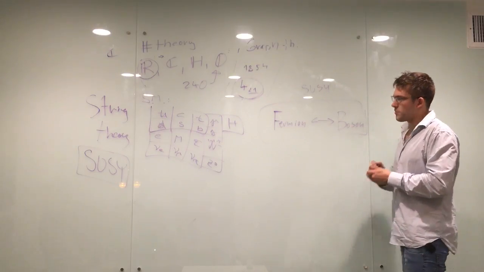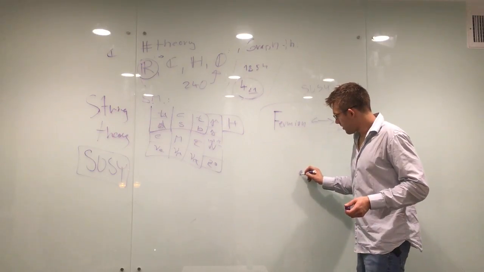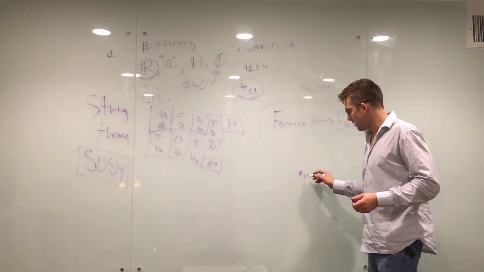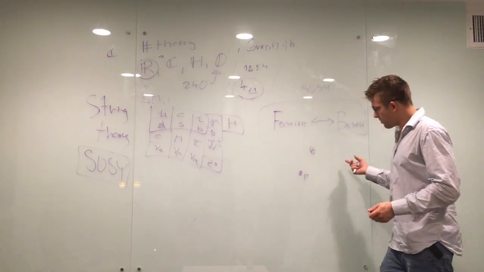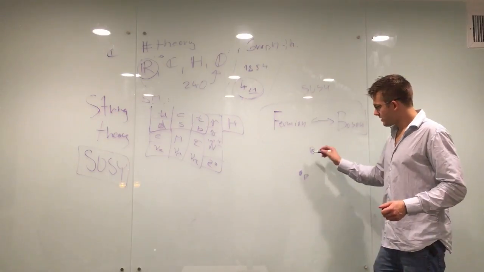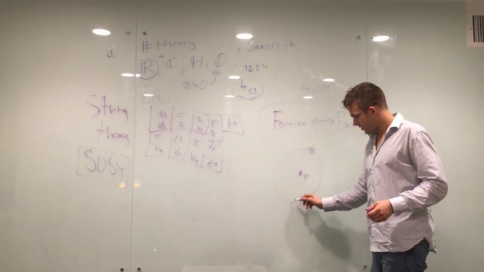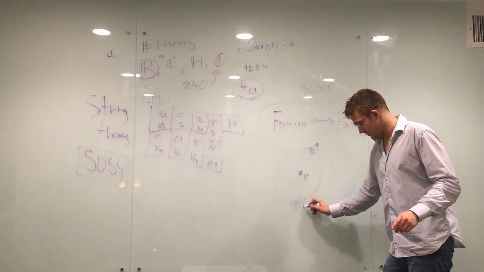So, fermions are, for example, electrons. If you have a hydrogen atom, you have a proton in here, and then you put an electron here. And then you put another one, and it can still be on the first energetic level. So there's another electron. Why? Because this one has spin up, this one has spin down.